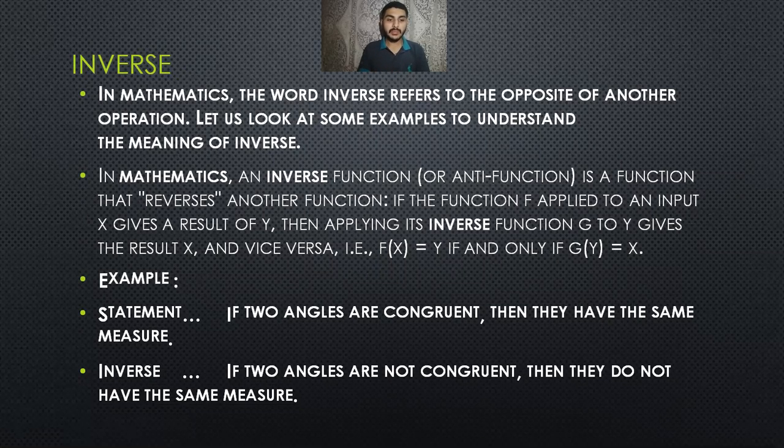As an example, the statement is: if two angles are congruent, then they have the same measure. The inverse will be: if two angles are not congruent, then they do not have the same measure.